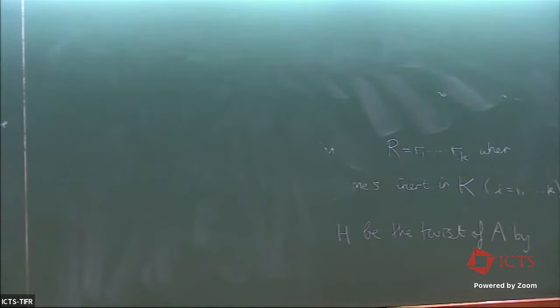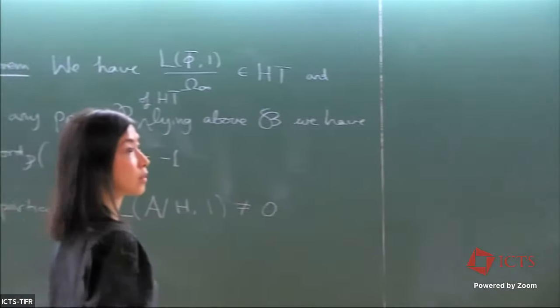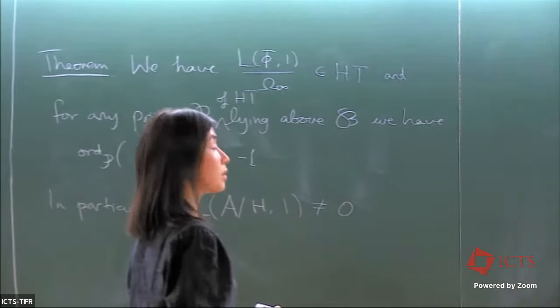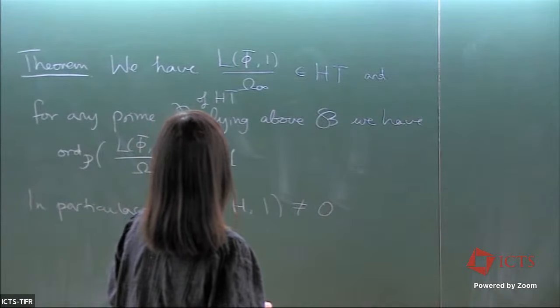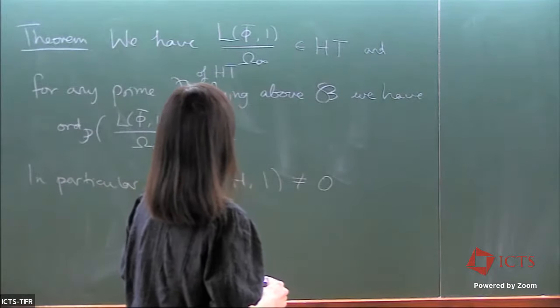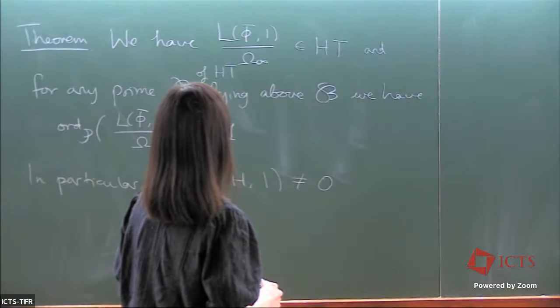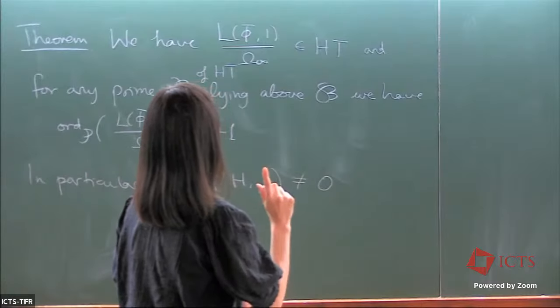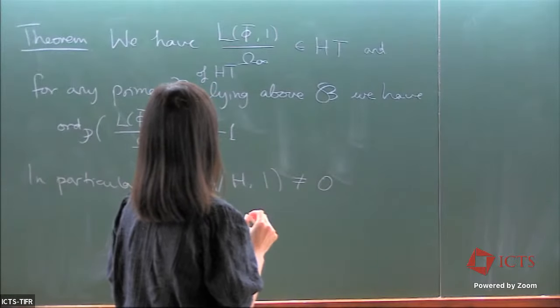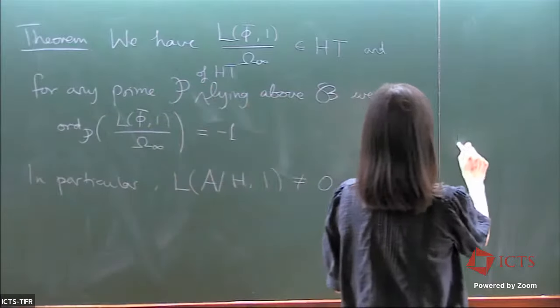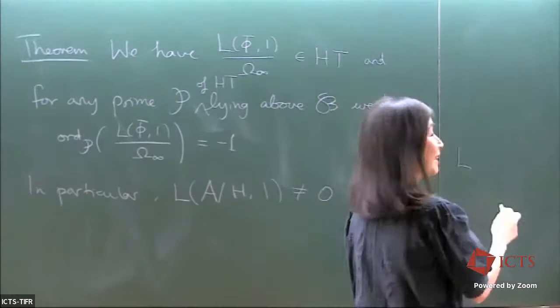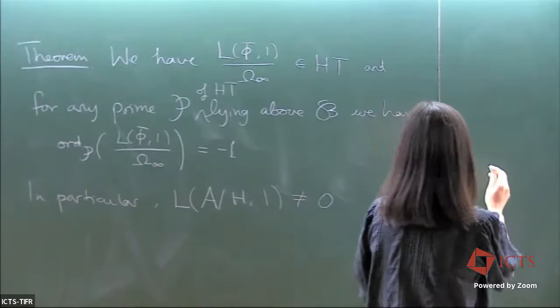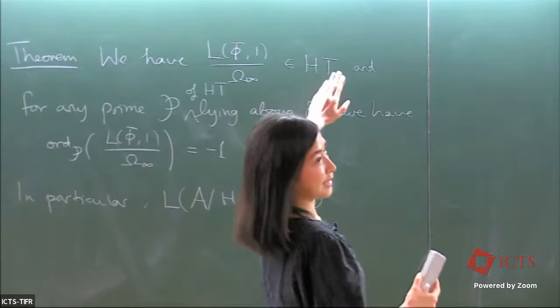Yes, but this is the Hecke character of B over K. I'm just wondering why one needs a compositum HT. In the end, it's not going to really matter, but let's just keep it like this because it's safer.